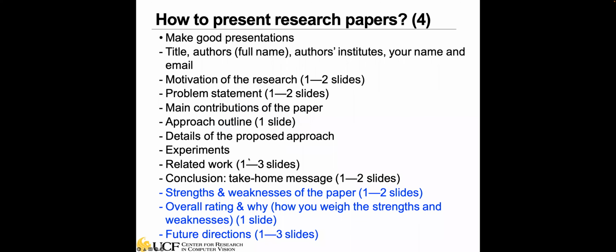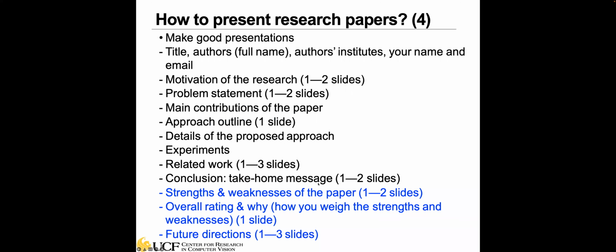Also, when presenting the method details, cover the overall method, how each component works, and show the experiments. Just like writing a review report for the previous paper, say what you think are the strengths and weaknesses of the paper.